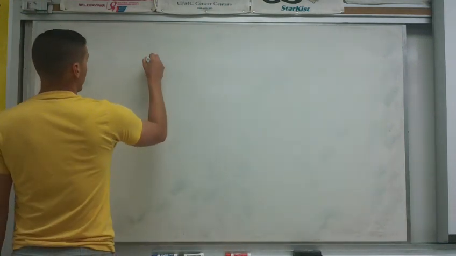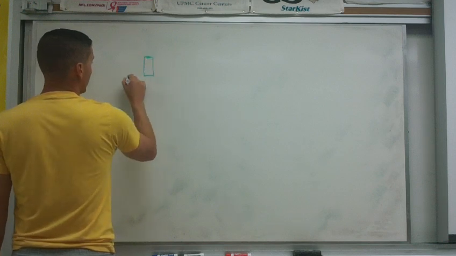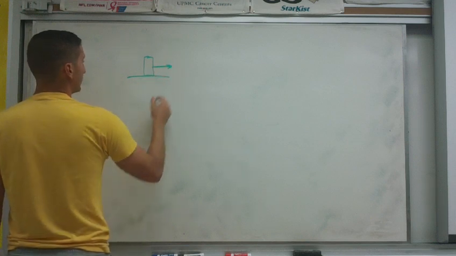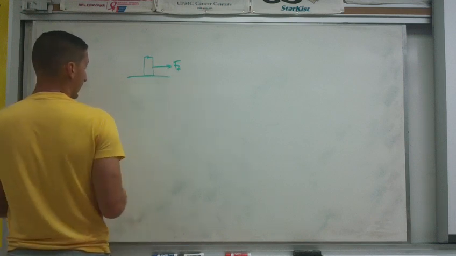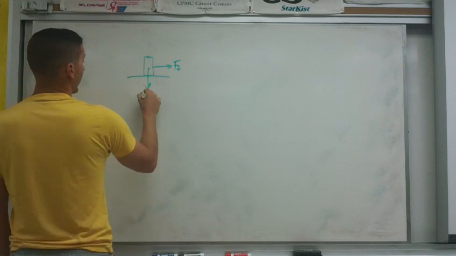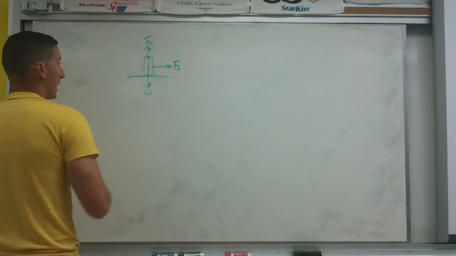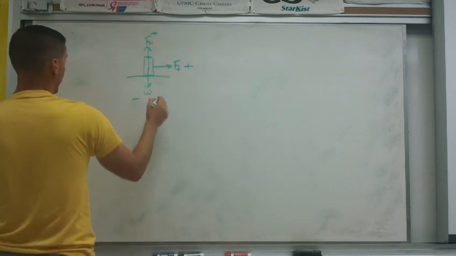Okay, so we'll draw the tire. Friction is what causes the tire to move, so force of friction. All right, you still have weight of the car, and you still have the normal force, yada, yada, yada. We'll call this positive, positive, negative, negative.